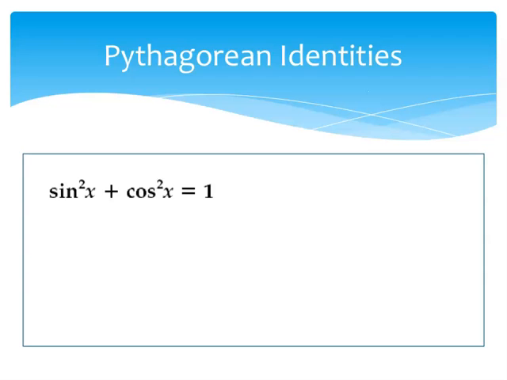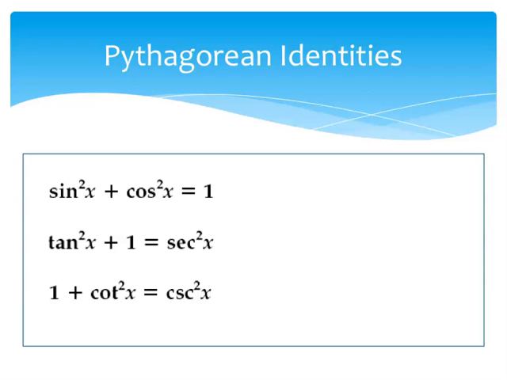It has to be sine of something in order to get a value. So sine of x, the entire thing squared. That's what this is saying here. Sine squared x plus cosine squared x equals 1. Tan squared plus 1 is equal to secant squared. And the last one, 1 plus cotangent squared equals cosecant squared.